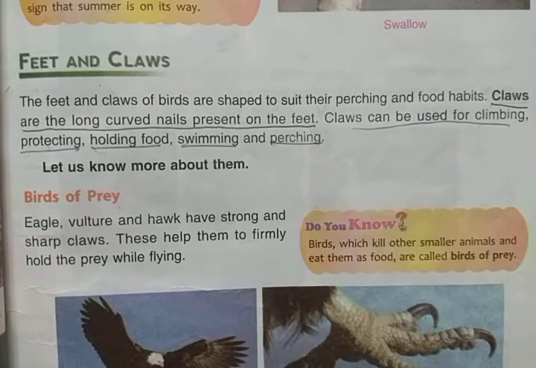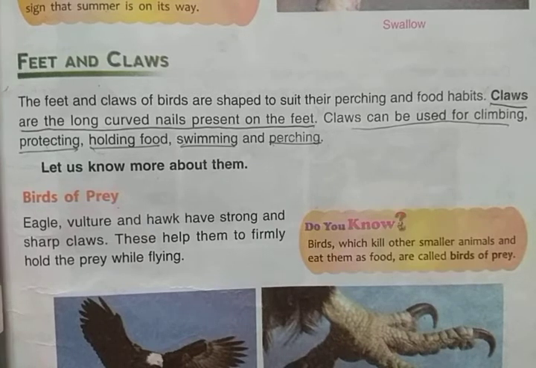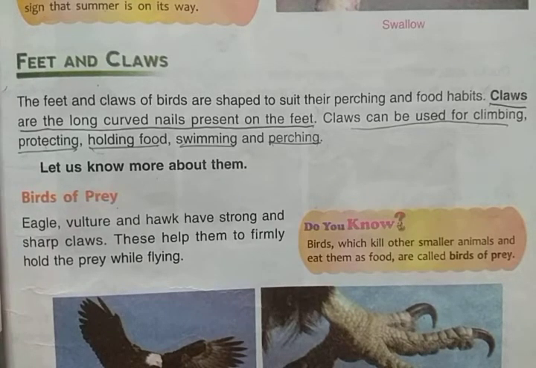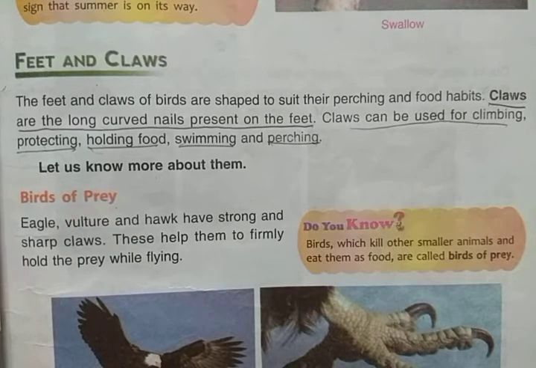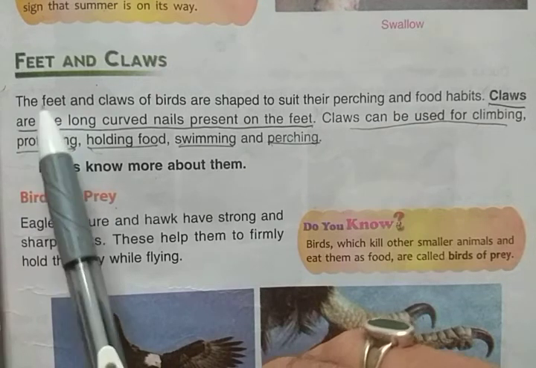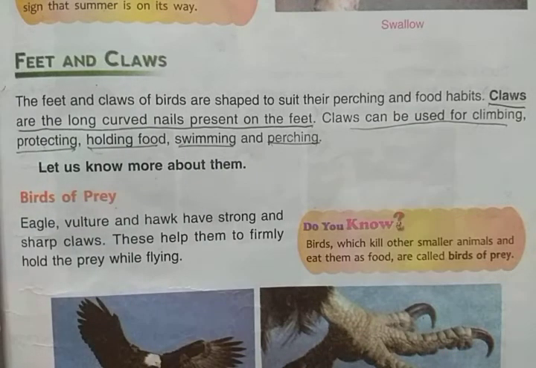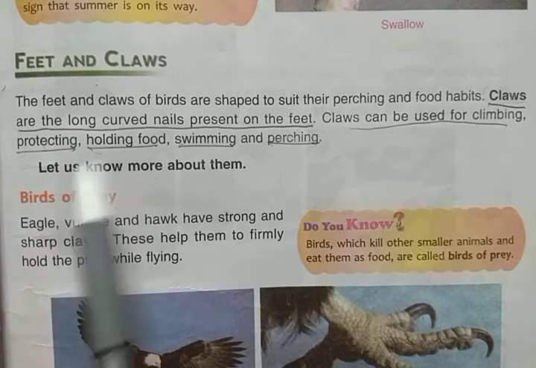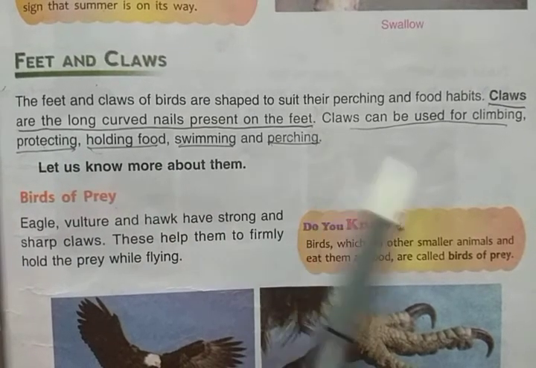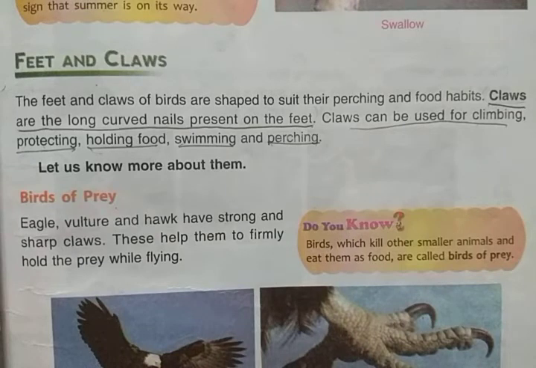That means extra questions. Textbook के सारे question answers तो होते ही होते हैं, but there are some questions जो chapter के बीच में से भी बन जाते हैं. For example, feet and claws किस चीज़ पे depend करता है? It depends on the shape. Its shape depends on perching and food habits.